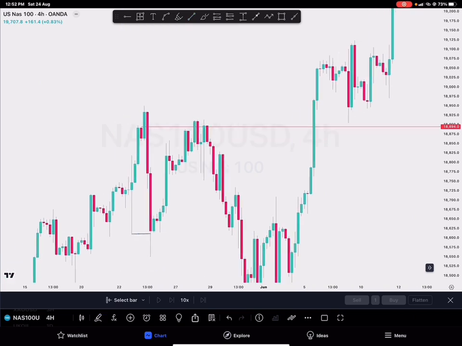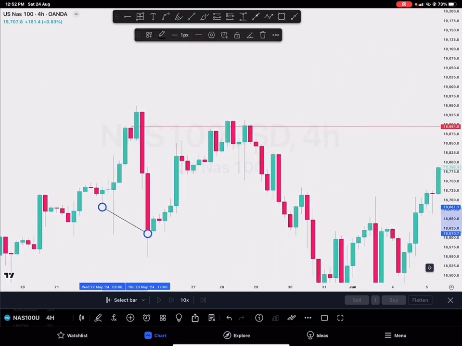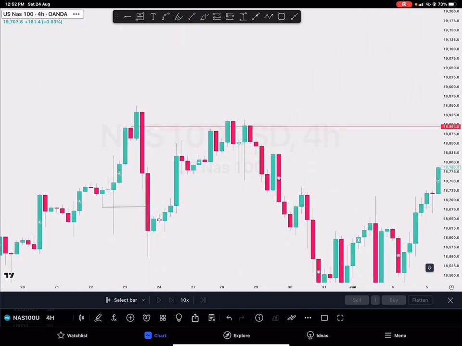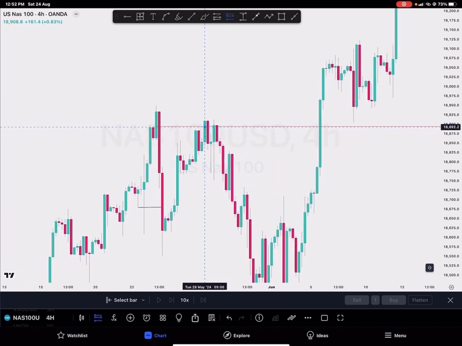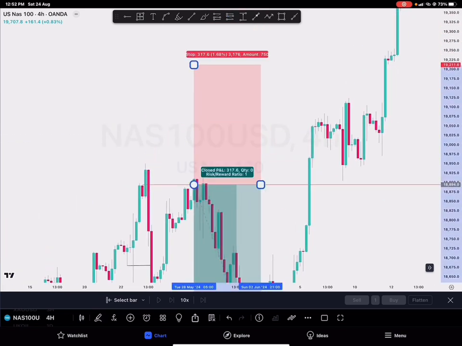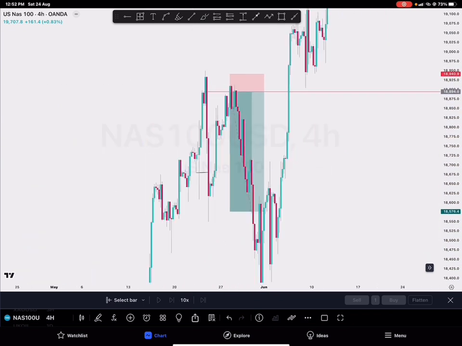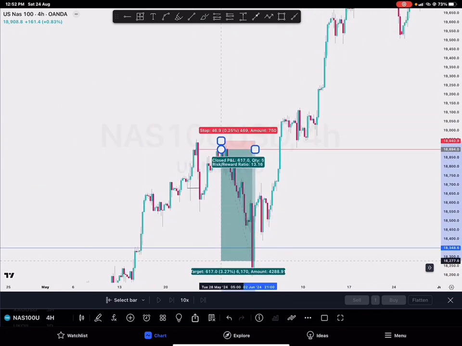The shift would have been here, but due to this wick we have to mark this as our shift point, because this is where the low happened from, and then this could act as your higher time frame normal liquidity engineering. They always happen and they always give high probability setups.